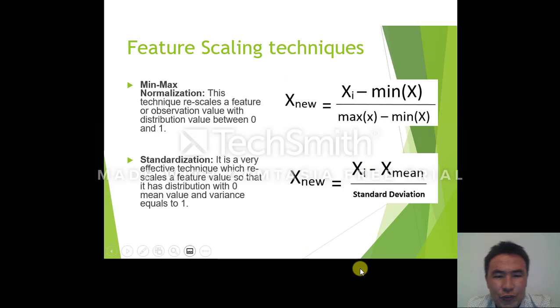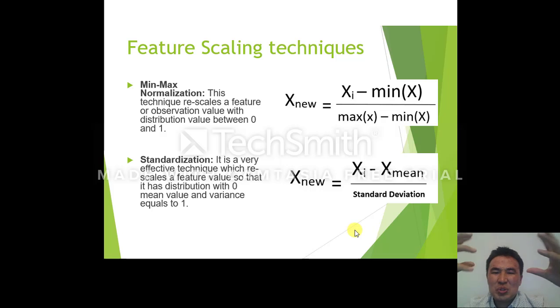In order to solve this, we have two kinds of scaling. Min-max normalization rescales the observation value distribution, distributing values between 0 and 1.